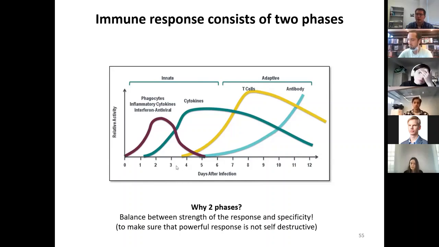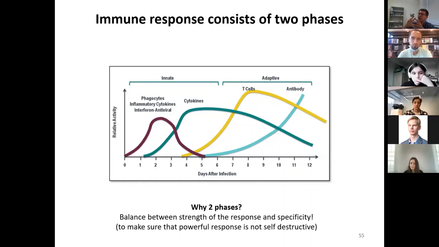And so the two phases here represent the balance between the strength of the response and specificity. The innate immune response, because the TLR, toll-like receptor, is specific only for very general patterns of bacterial wall components, sometimes the activation can go aberrantly, can go wrong.